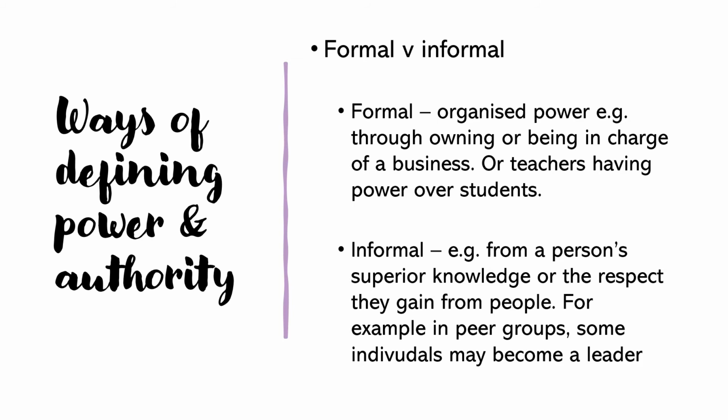They haven't been given a title, they haven't been given a job, but they have informal power and authority. They have control over people. People might want to copy what they wear and things like that because they are seen as aspirational, somebody to sort of look up to. So formal and informal is one way that we can define different types of authority and how people have power in society.